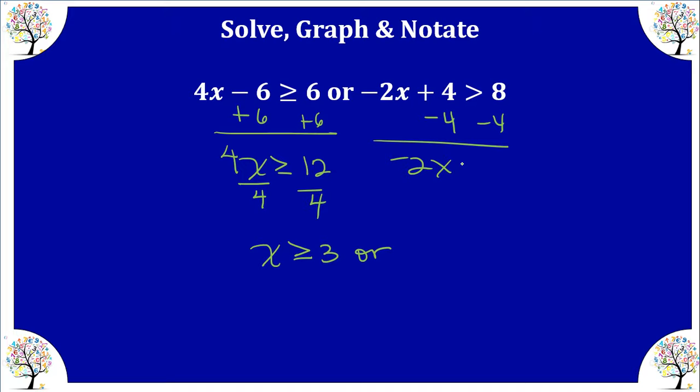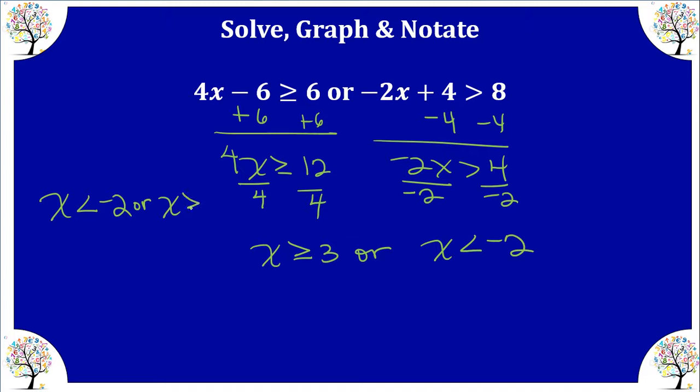Negative 2x is greater than 4. We're going to divide by a negative number. So we're going to flip around our inequality. So our solution can be this or this. So let's write this with the least one first. So I have x is less than negative 2, or x can be greater or equal to 3.